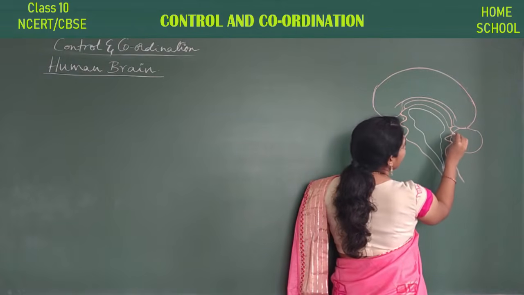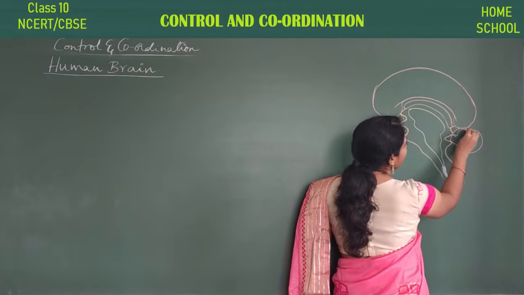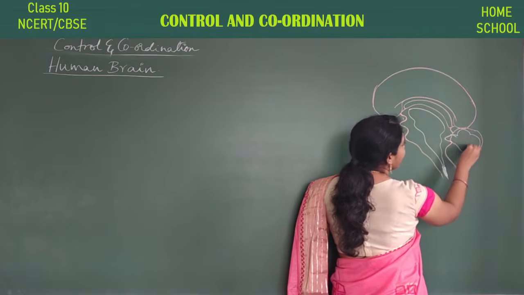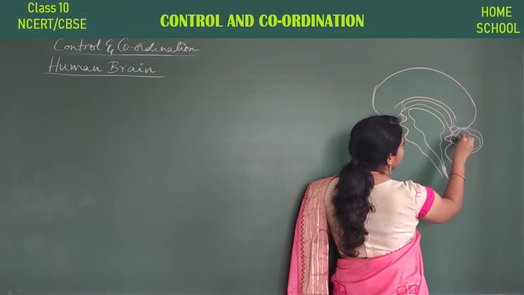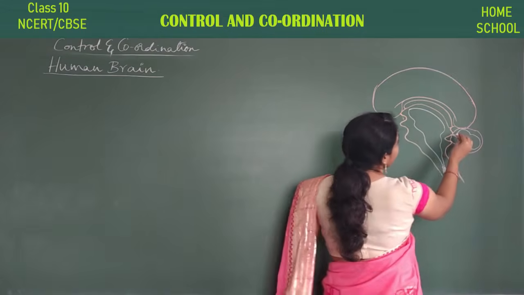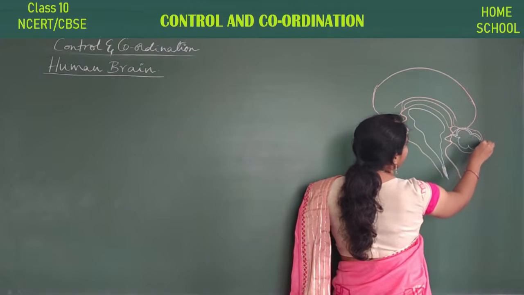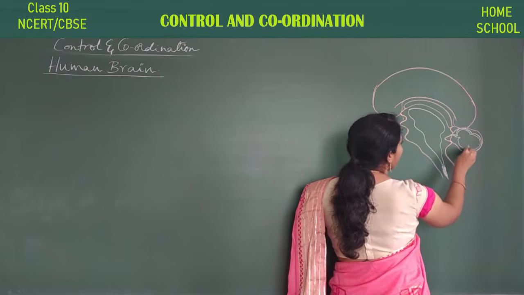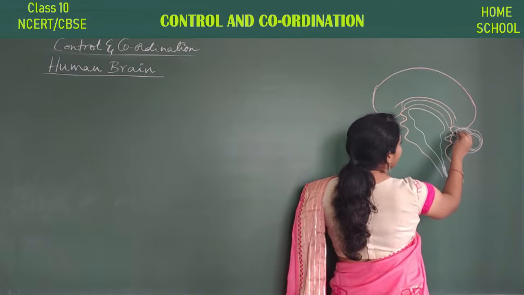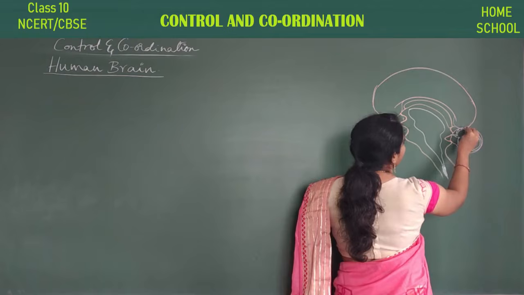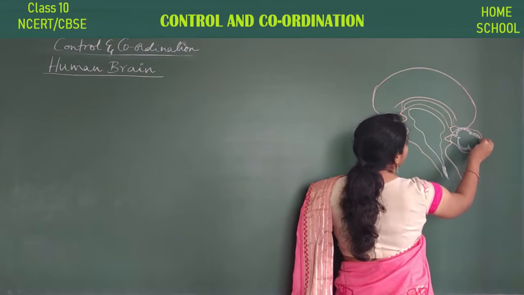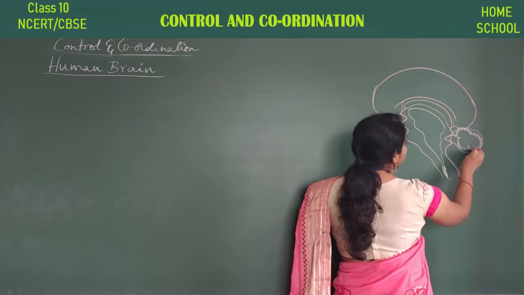See, from here, one tree-like structure you have to draw actually. Tree-like structure. Okay, and one more outline for this tree you have to draw outline. Then just shade that outline, or you can put thin lines.